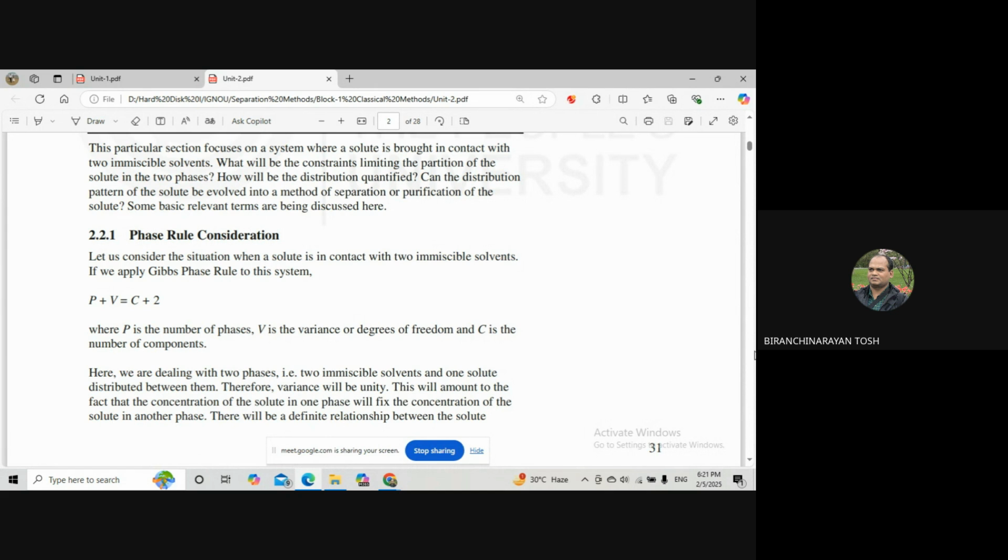Can you tell me the number of components in the system? Three chemical species are present: calcium carbonate, calcium oxide, and carbon dioxide. What is the number of components? Two, three, or one? Anybody?